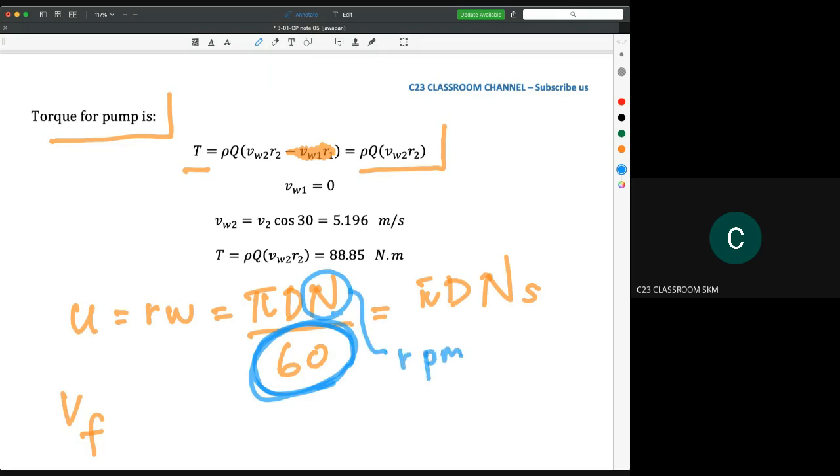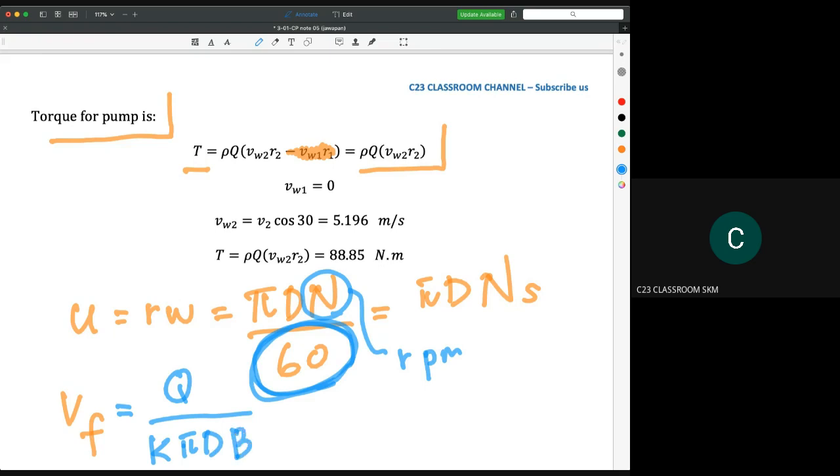If you are using RPS, rotation per second, please do not divide by 60. And then VF you could calculate by using the normal continuity equation. Q equal to A V, and V is equal to Q divided by A, and the area equation will become pi D B. Okay, that is the equation.